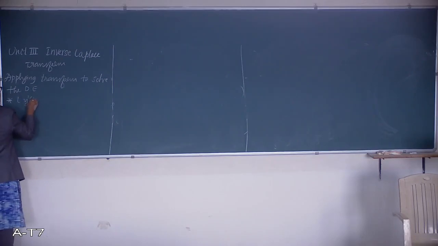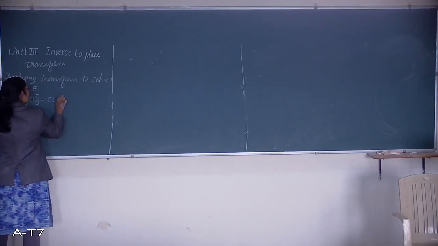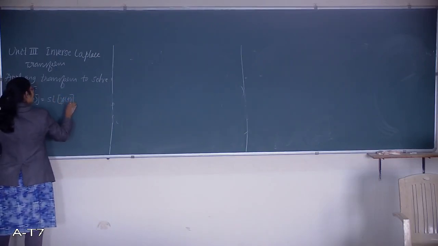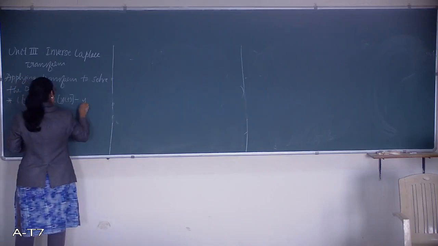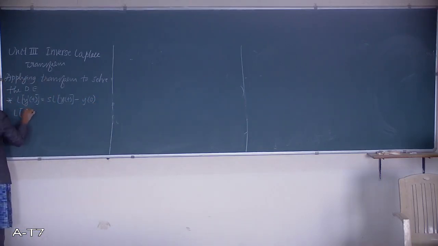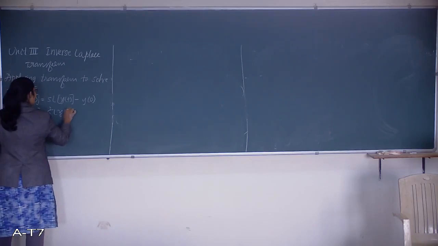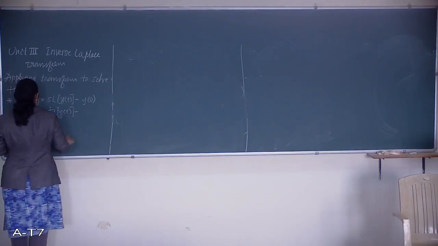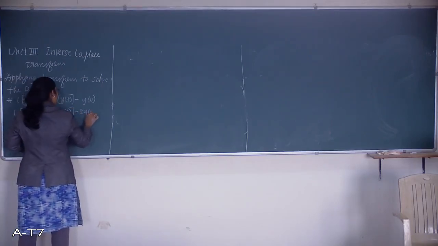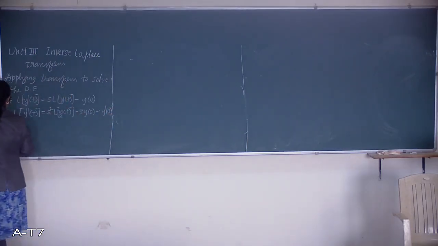L of y dash of t, the expansion is s into L of y of t minus y of 0. The same expansion proceeds for the double derivative also. It is s square L of y of t minus s y of 0 and then minus y dash of 0.